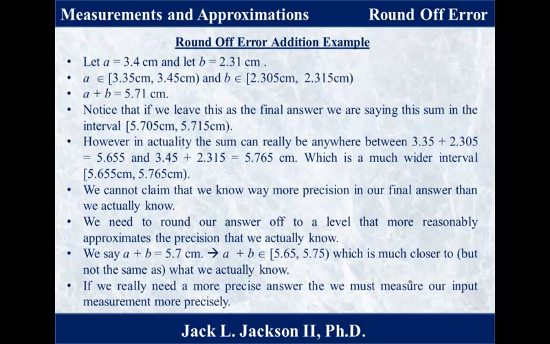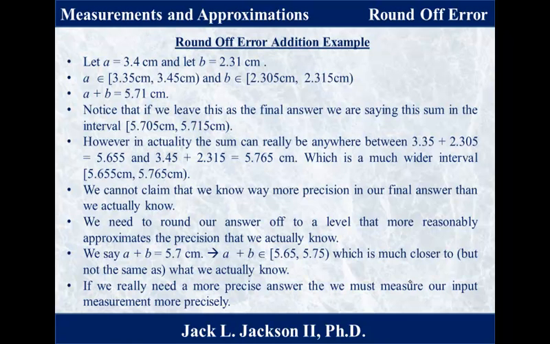Okay, so let's look at what happens when we have an addition and see what happens with how far off our projected answer is from what could actually happen. So again, using the same two values for A and B, we get A is approximately 3.4 centimeters, so it's really between 3.35 centimeters and 3.45 centimeters.